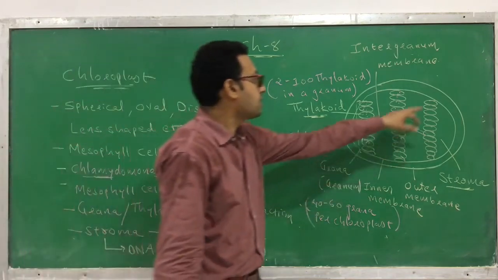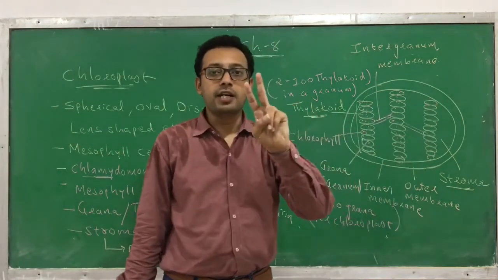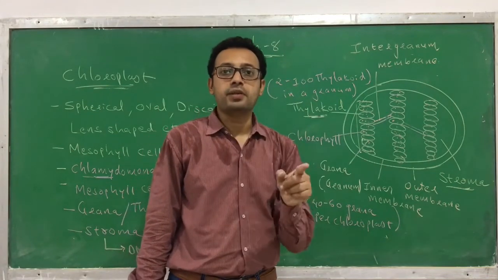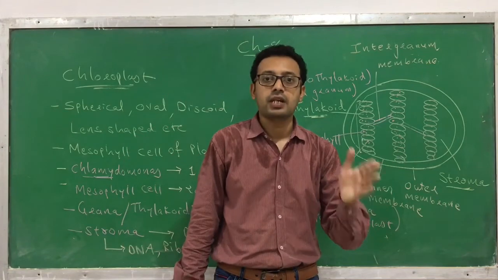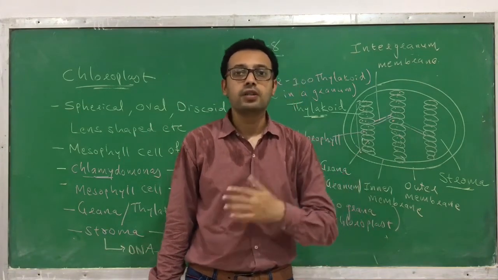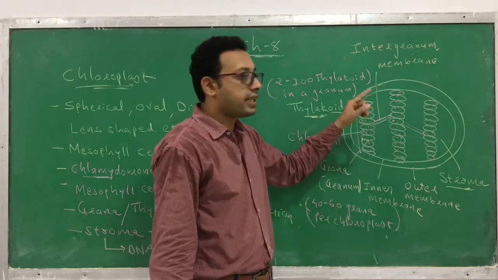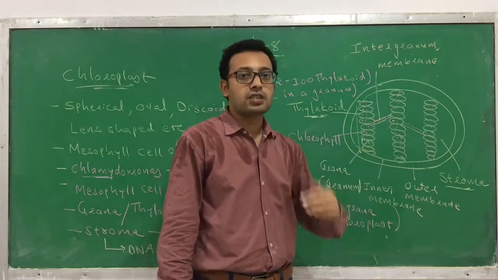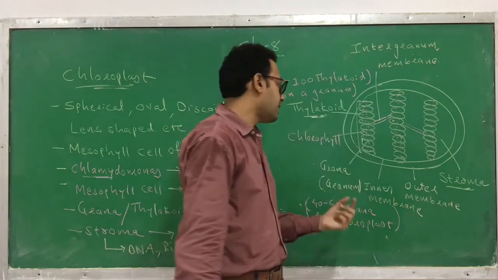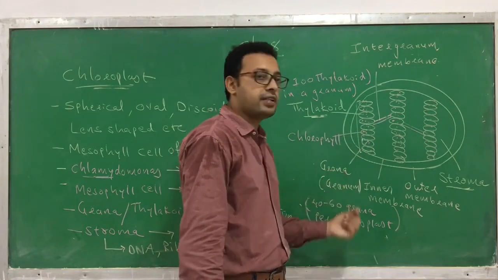This chloroplast is covered by a double membrane, outer membrane and inner membrane, where the outer membrane is continuous and the inner membrane forms folds. It forms flat lamellar structures arranged in a stack pile. This arrangement is called grana or granum.